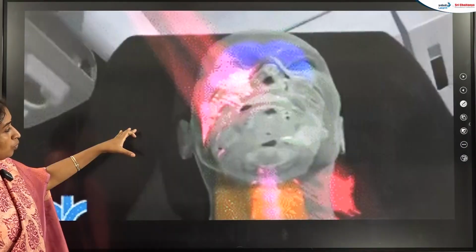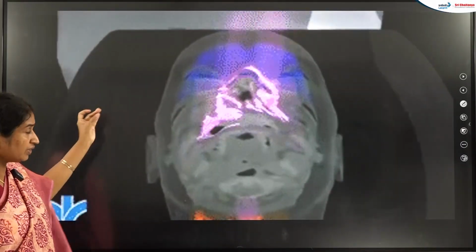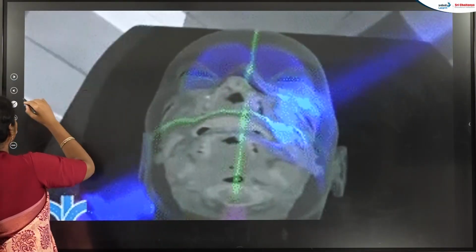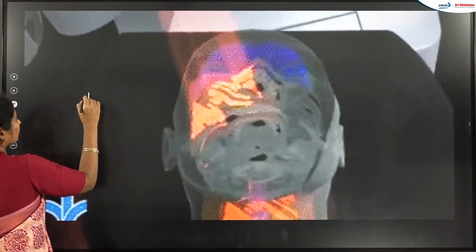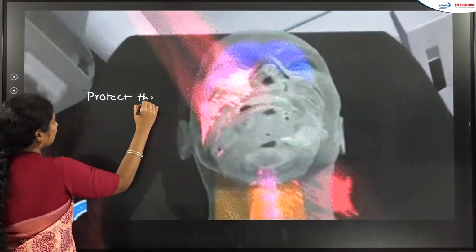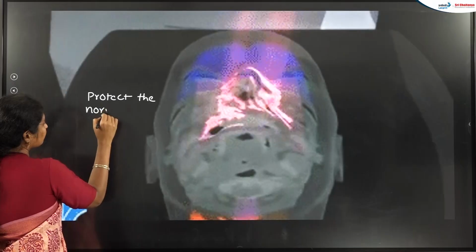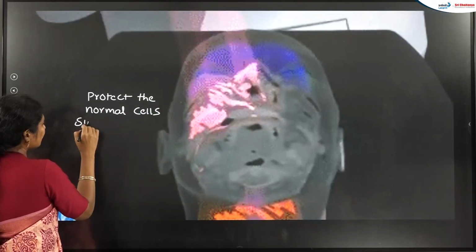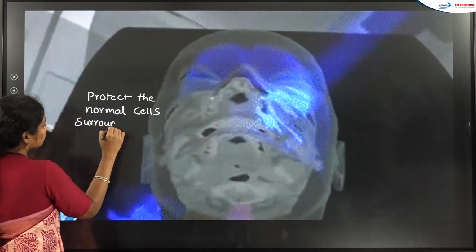So we have to expose the cancerous tissue to radiations as well as protect the normal cells, which are the cells surrounding the tumors.